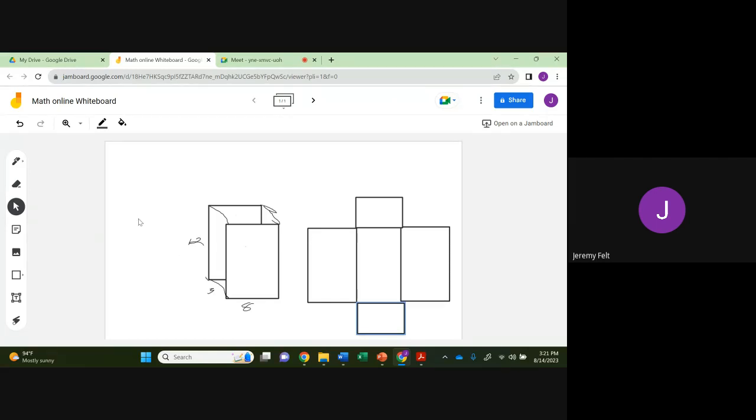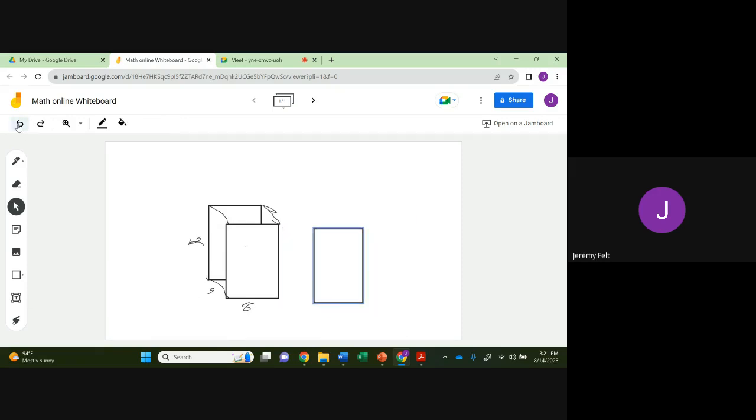I'd have one more. I'm going to duplicate it. Okay, but if we were to divide it out into two dimensions, we would have 1, 2, 3, 4, 5, 6 sides.